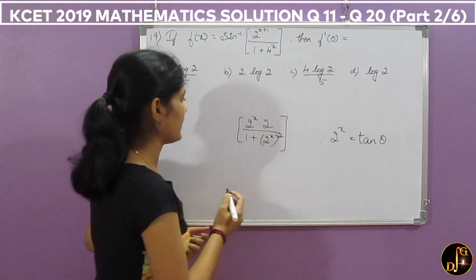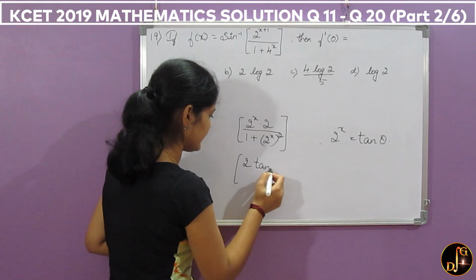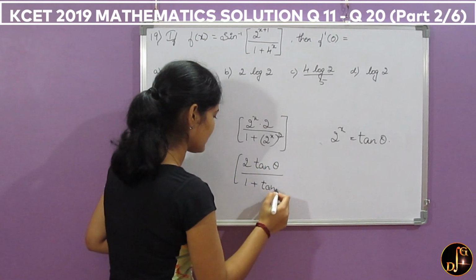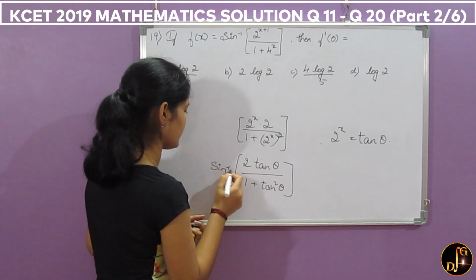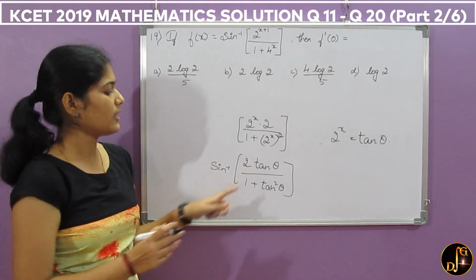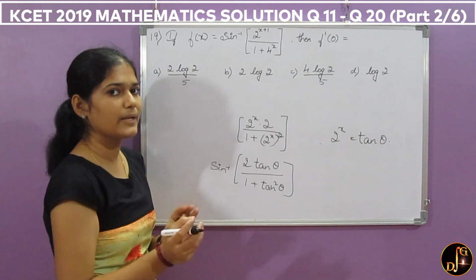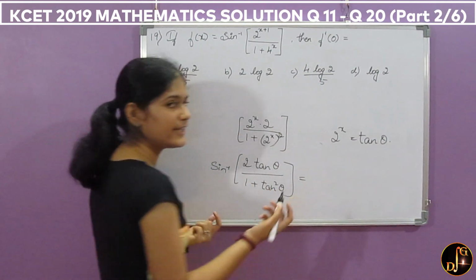What will happen now? This will be 2 tan theta divided by 1 plus tan square theta. We have sine inverse of this thing. This is a known form, right? 2 tan theta divided by 1 plus tan square theta is nothing but sine 2 theta.